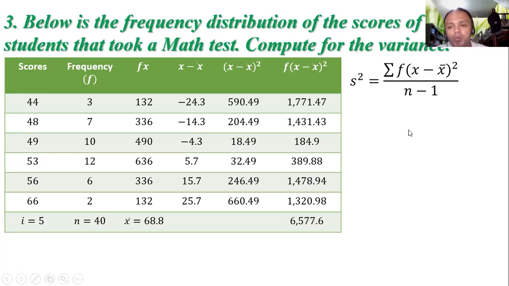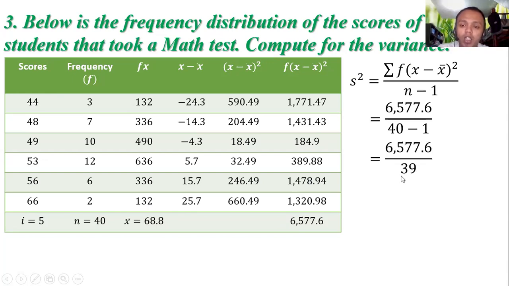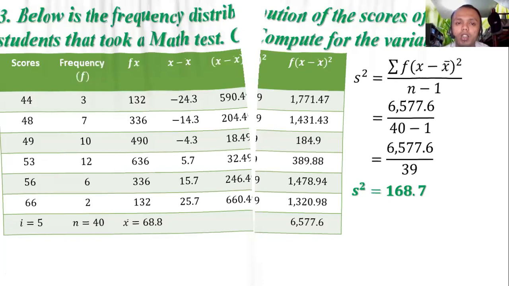Just like what we did sa number 1 and number 2, substitute natin yung summation of frequency times the square deviation. That would be equal to 6,577.6 all over by your n is 40. So 40 minus 1 is 39. Then divide natin, that would be equal to 168.7 for your variance.